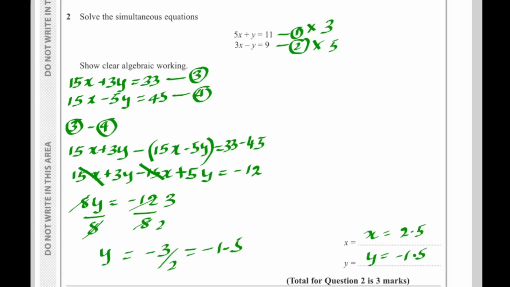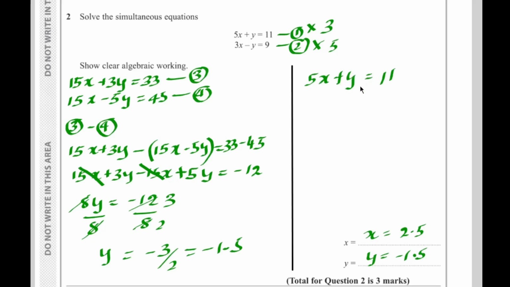Afterwards, we need to get what x is. To get x, we have to take one of the equations which is given, get the easiest one. So I'm getting the first one, 5x plus y equals 11. The value that you got for y gets substituted into this one.